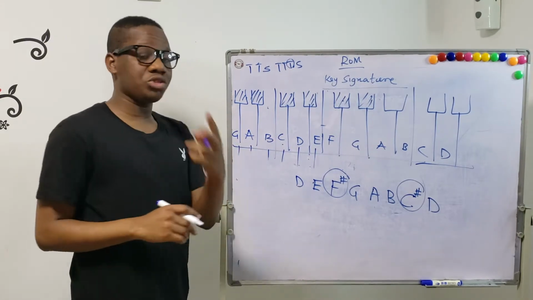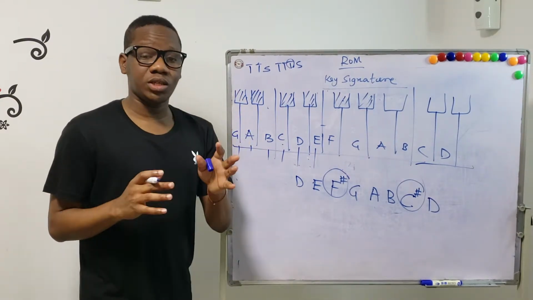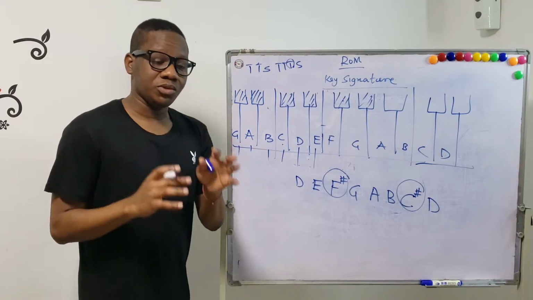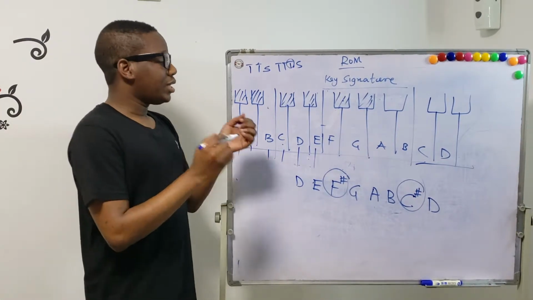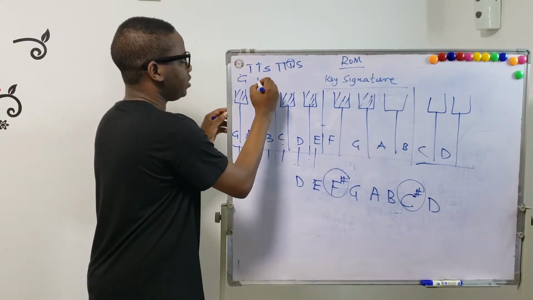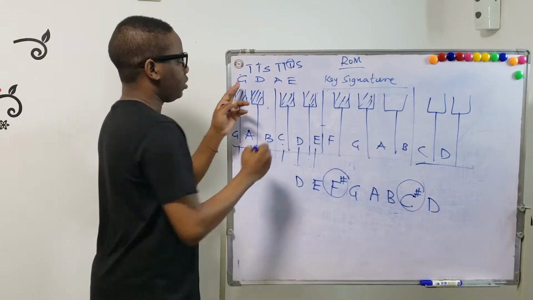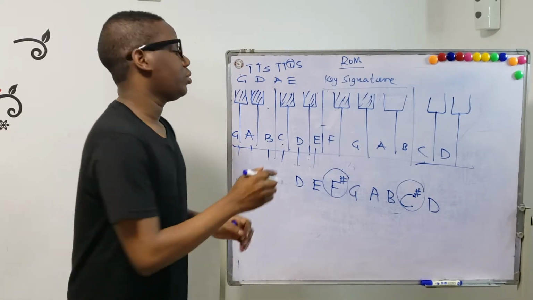So whenever you see 2 sharps on a piece of music, the key of that music is D major. Okay? And that also applies for, like I said, G, D, A, E, the first 4 which we are looking at today.